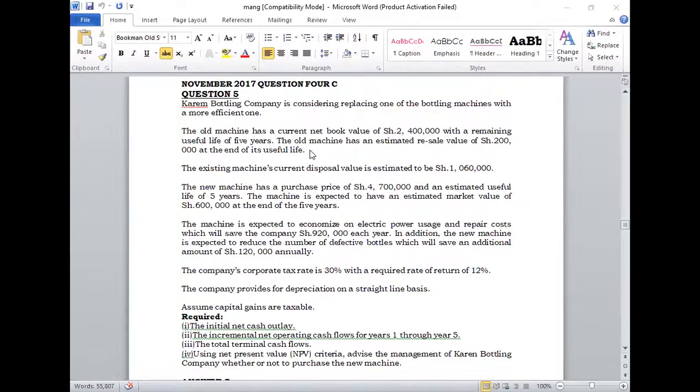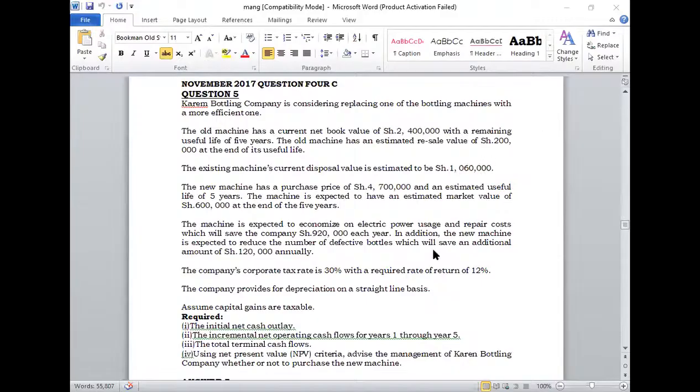The old machine has an estimated resale value of 200,000 at the end of its useful life. Now, most importantly, they are telling us that should we want to sell this existing machine today, the existing machine's current disposal value is estimated to be 60,000.